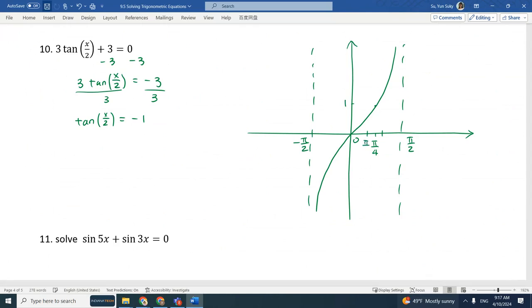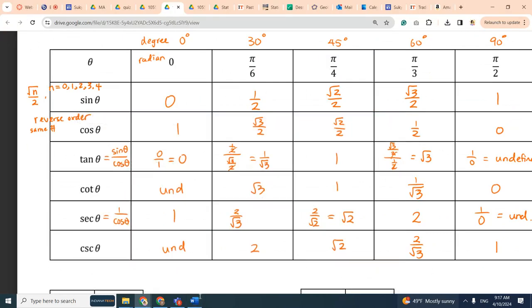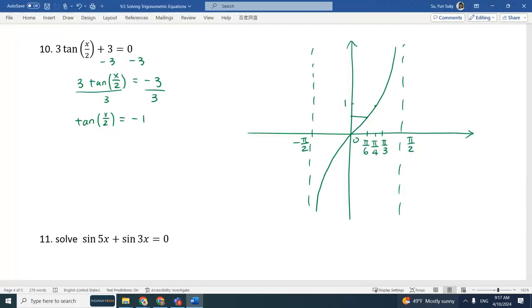The left is pi over 6, and the right is pi over 3. And then a smaller number here will be what? What's tangent pi over 6? 1 over root 3. So this is 1 over root 3. And then here, this one is root 3. Those are the common angle values.